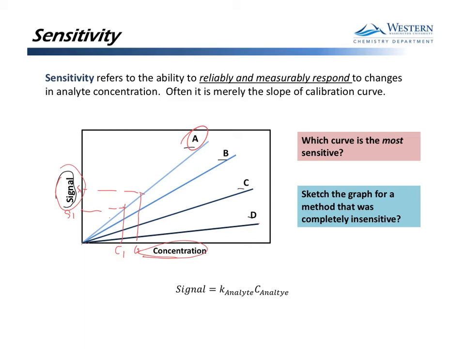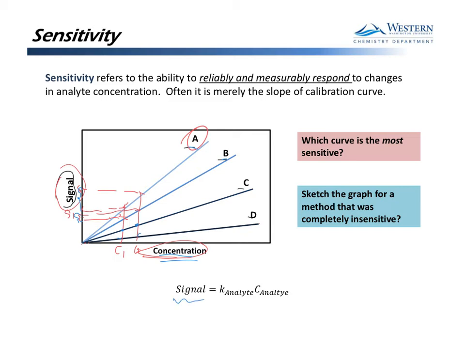You can see that by changing C1 to C2, A has a much bigger change in signal from S1 to S2 compared to B. B's slope has a much smaller change compared to A's slope. So A is the most sensitive, let alone C and D, okay? A is the most sensitive because the signal changes the most for the same change in concentration of the analyte.